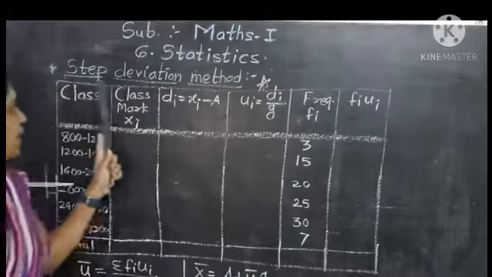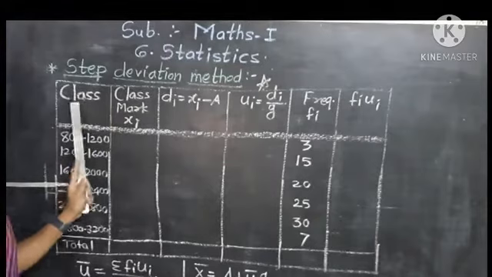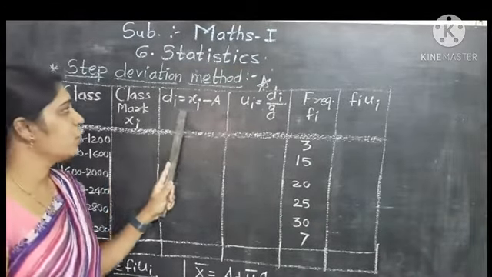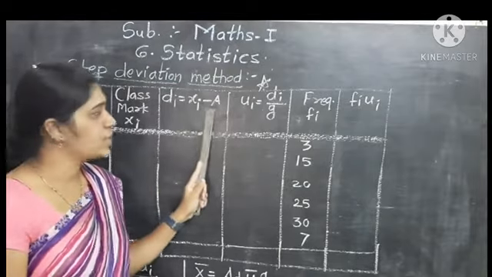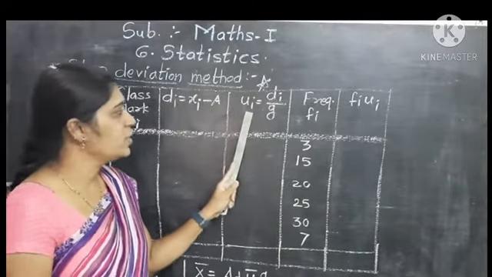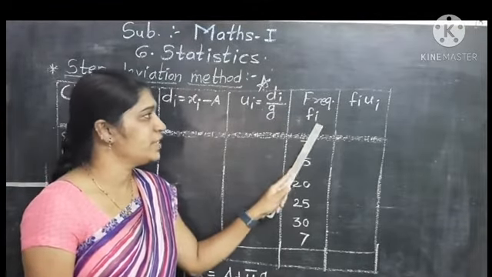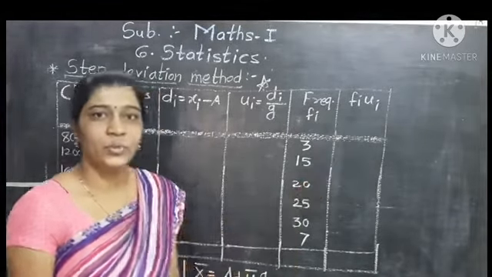In the step deviation method there are 6 columns. The first column is class, the second is class mark, the third is di equal to xi minus a, the fourth is ui equal to di upon g, the fifth is frequency fi, and the last is fi into ui.